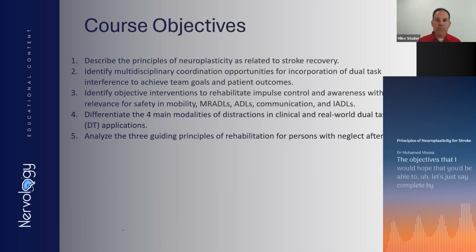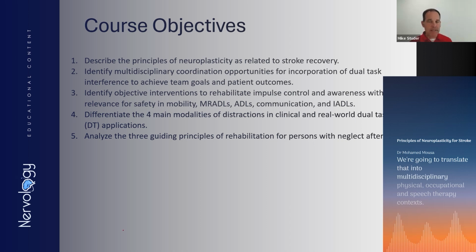The objectives that I would hope that you'd be able to complete by the end of today's course is that you can understand the principles of neuroplasticity for stroke. We're going to translate that into multidisciplinary physical, occupational, and speech therapy contexts.